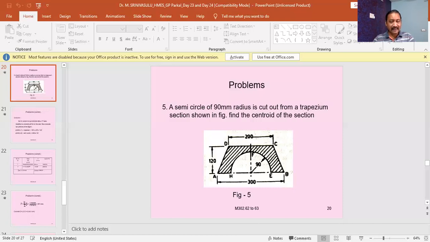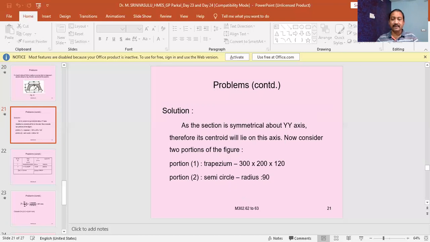Here AB is the bottommost edge, so AB is the x-axis, and the vertical line through point A, the leftmost edge, is the y-axis. From AB we have to find y bar, the height of the centroid.